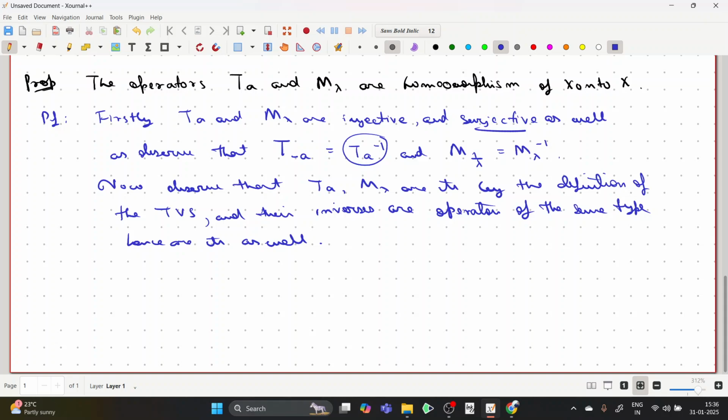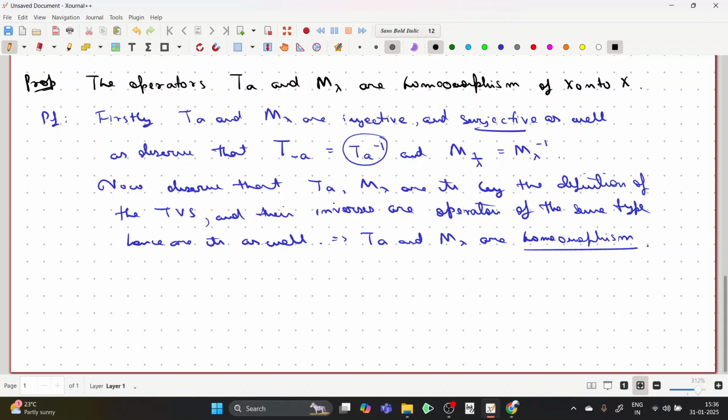So, they are homeomorphisms, which implies TA and M lambda are homeomorphisms. Clear? Once we have this fact that they are homeomorphisms, there is a very important conclusion which we can immediately draw from here.